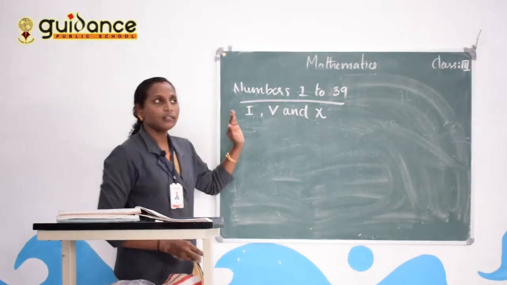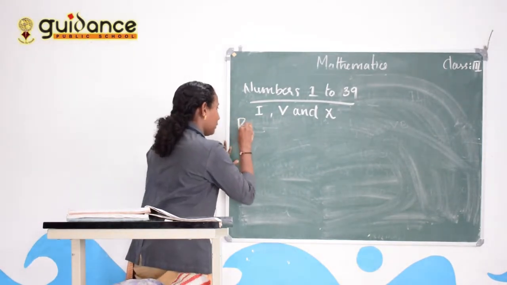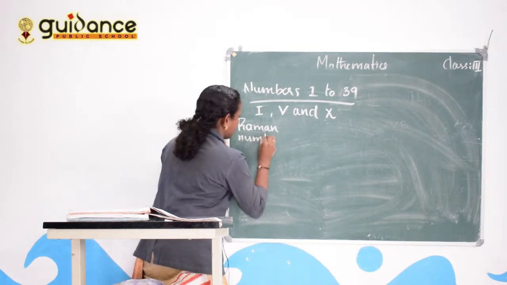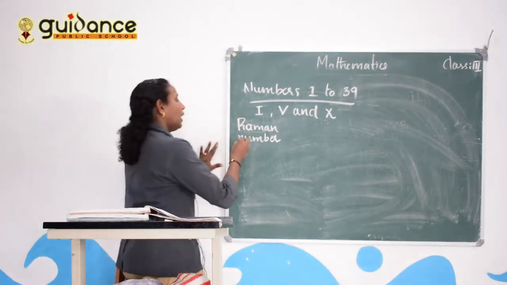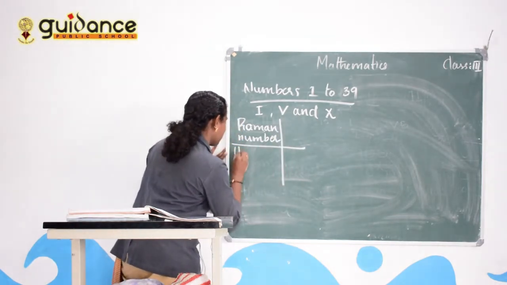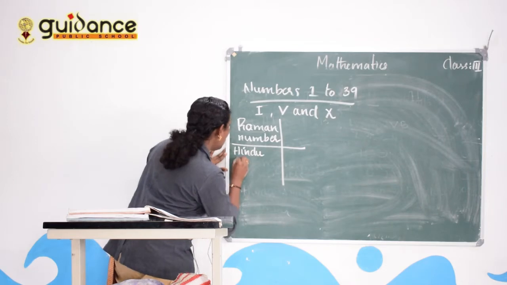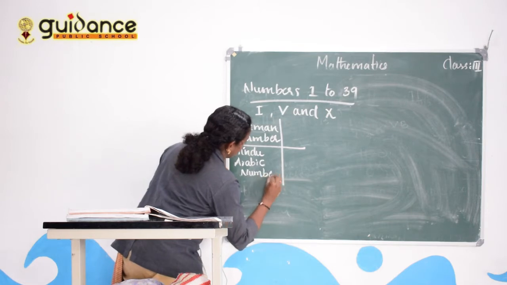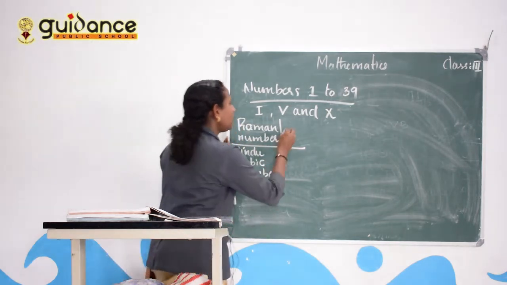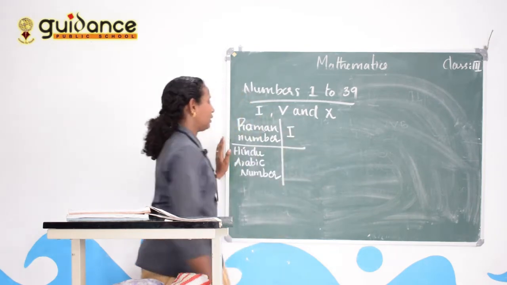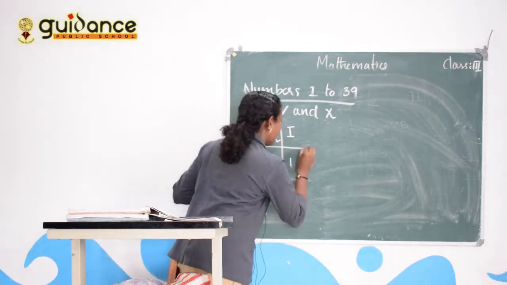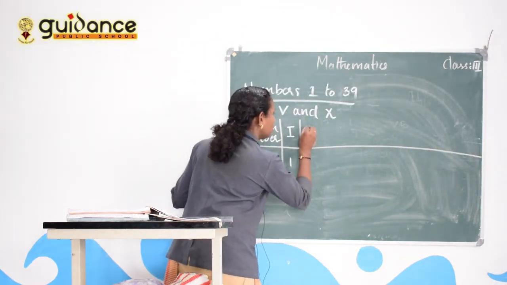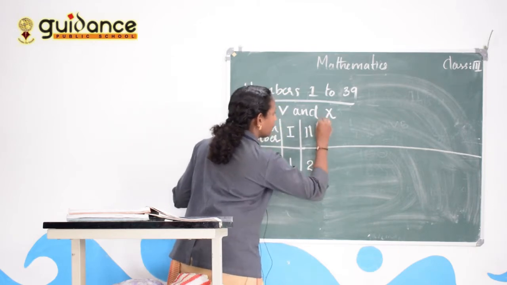Okay. And before that, we will write one table: Roman number and Hindu-Arabic number. The Roman number I represents the number 1 and Roman number II is representing 2.